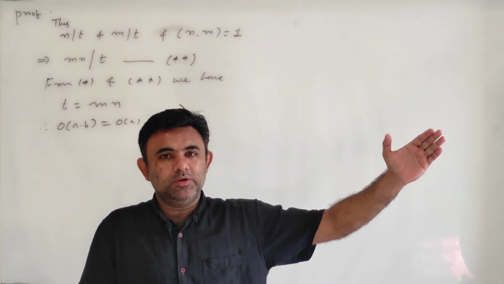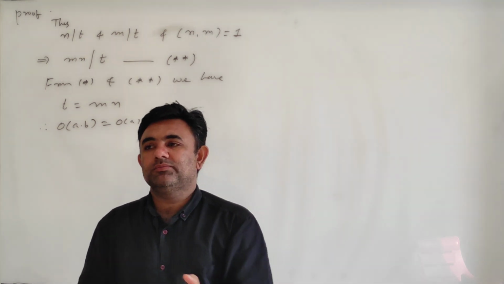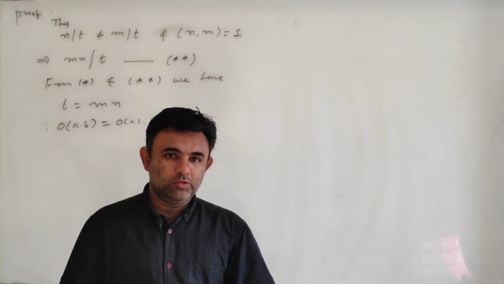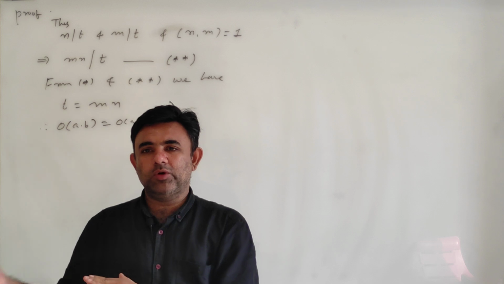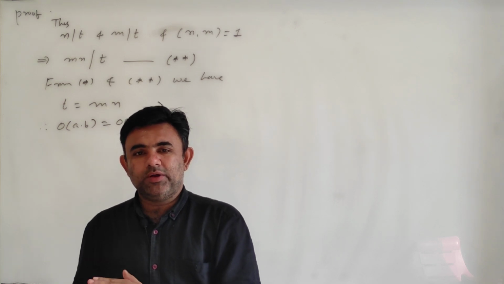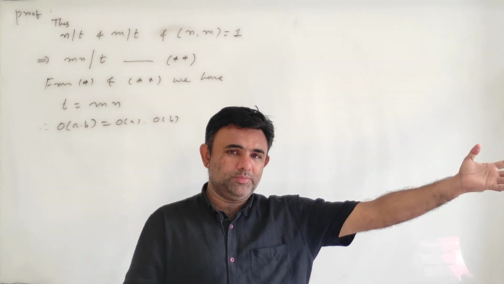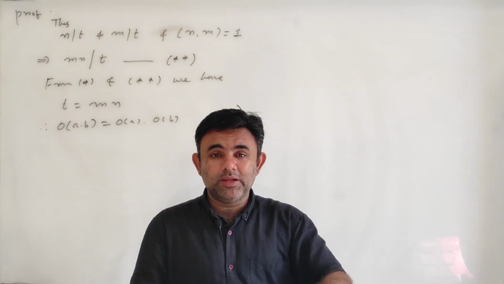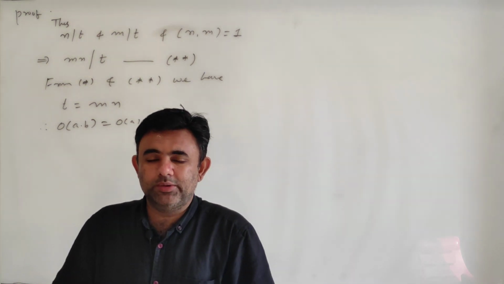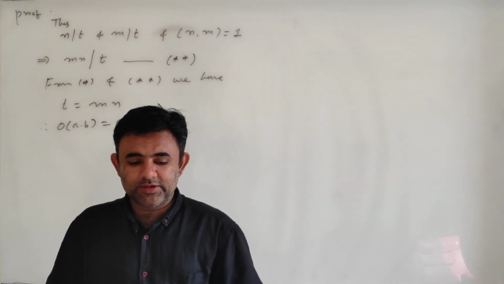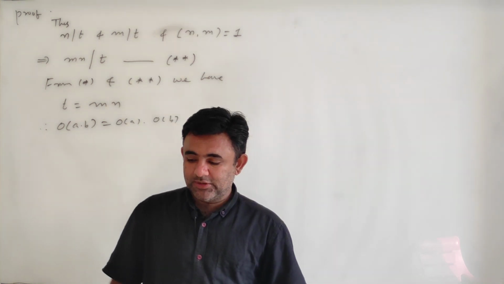A group is abelian if AB equal to BA for all A, B belongs to G. But if I do not have this information, but I have some other information, can I claim that AB equal to BA for all A, B belongs to G? Then it will be a big thing. So let us consider this type of result.